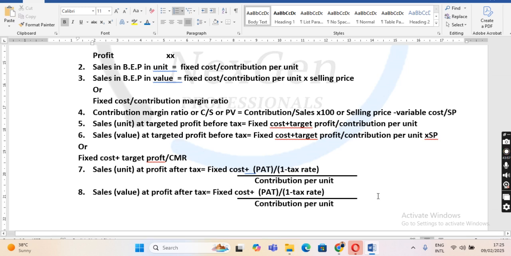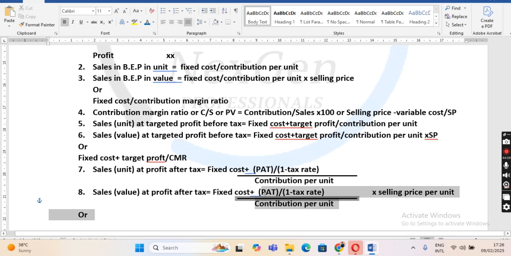Then you multiply by what, class? You multiply by PMR times the selling price per unit, or you divide it by CMR.